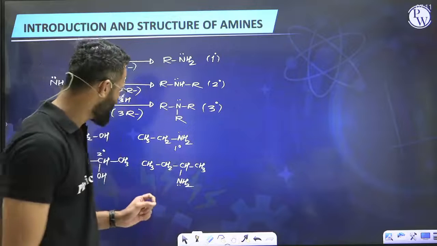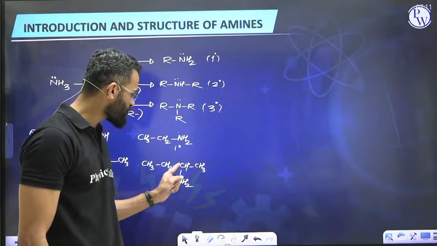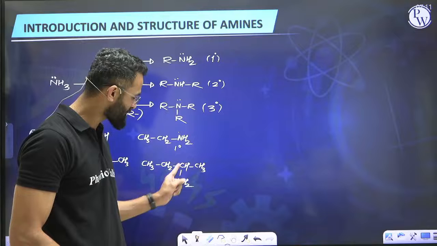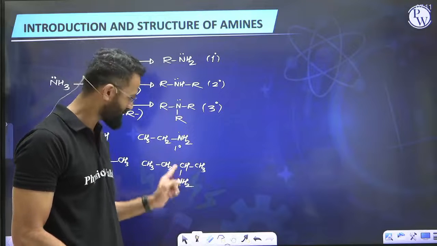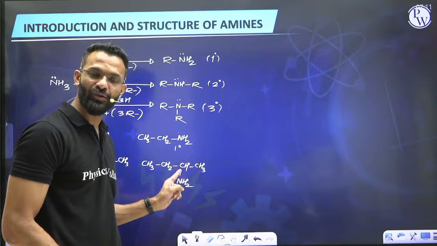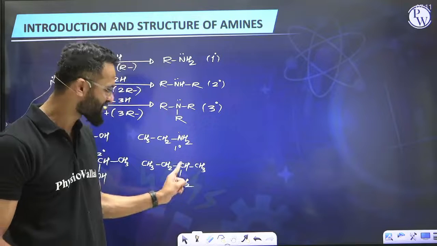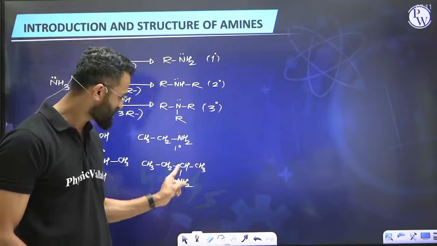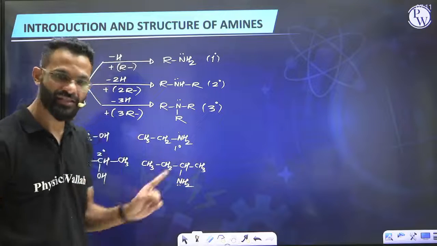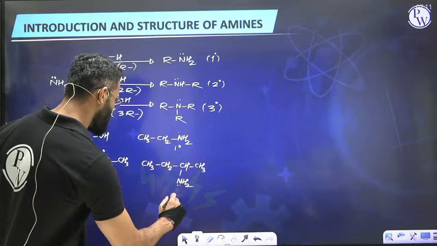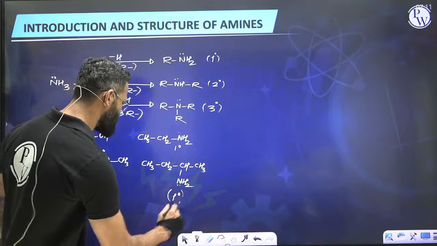Well, here we are not going to see which degree carbon nitrogen is connected to. Nitrogen is connected to a secondary carbon, that is for sure, which is this carbon. But to find the degree of the amine, we look for the degree of nitrogen. Tell me, nitrogen is connected to how many carbons? Nitrogen is still connected to only one carbon. So still this is a primary amine. So everyone understand the difference.